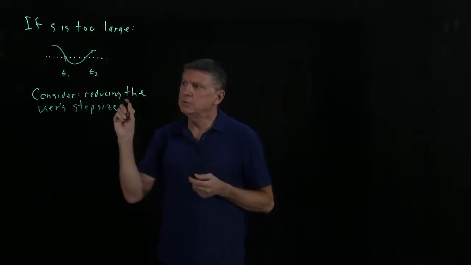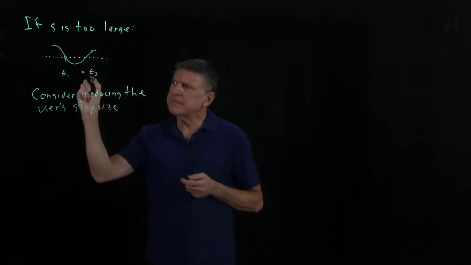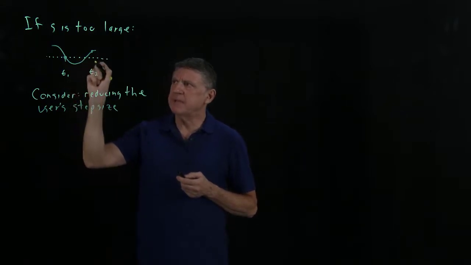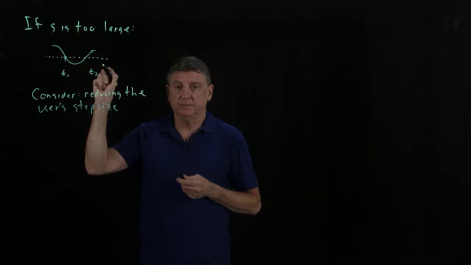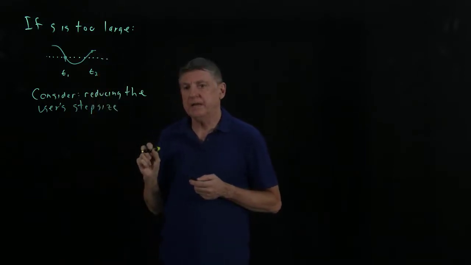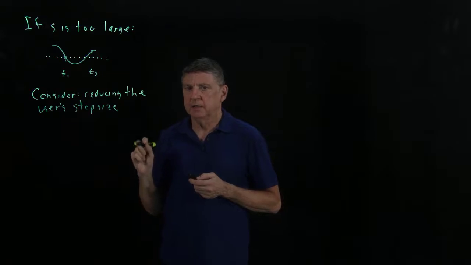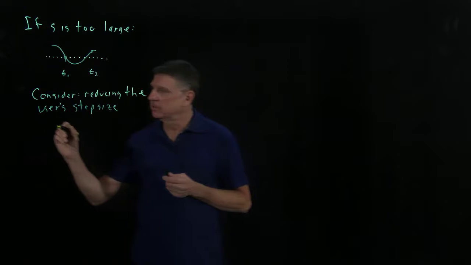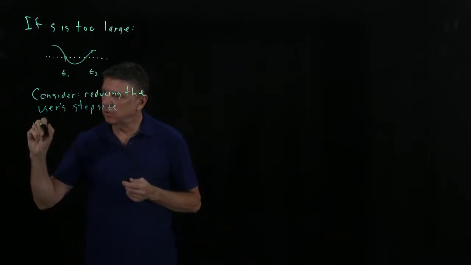And what we do know, however, is that when we took the step S, it was too big. That's the one thing we're sure of. So what if we tried to back off, in quotes?